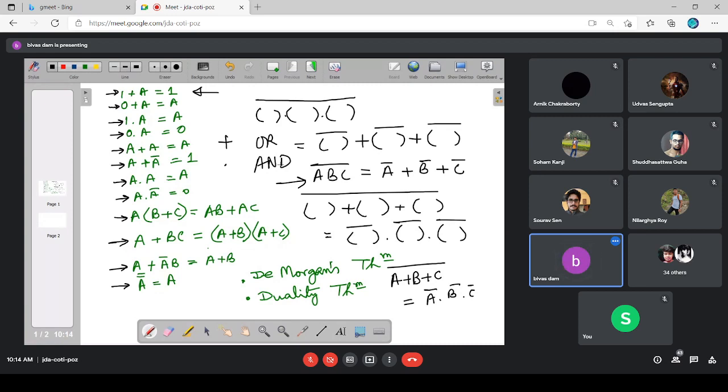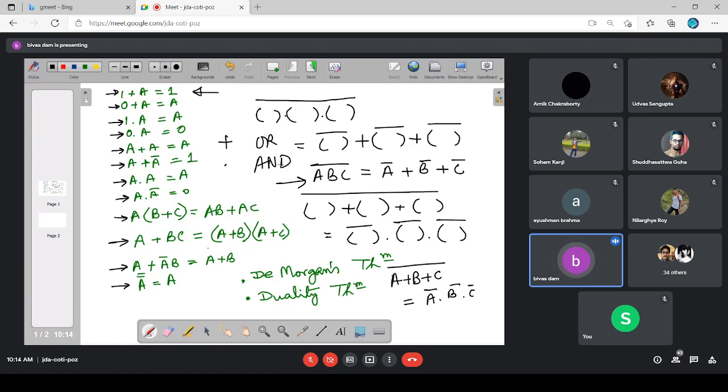Now a false, that means 0, or A. A may have how many possible values? 0 or 1, either false or true. In case A is equal to false, false plus false will be false. But false or true will be equal to true.